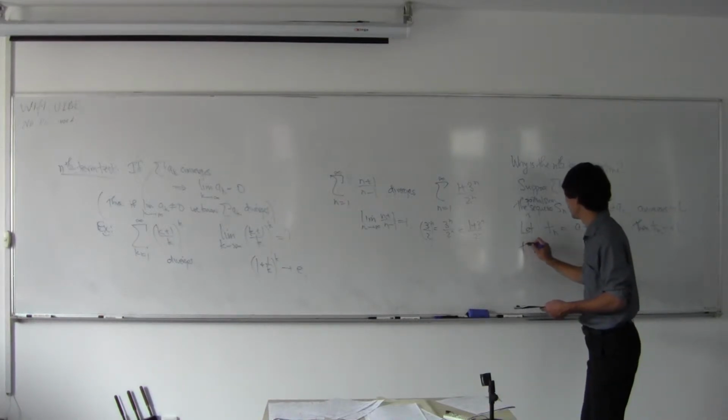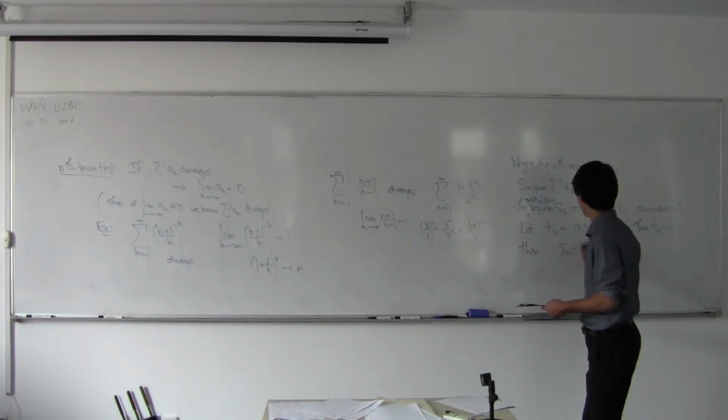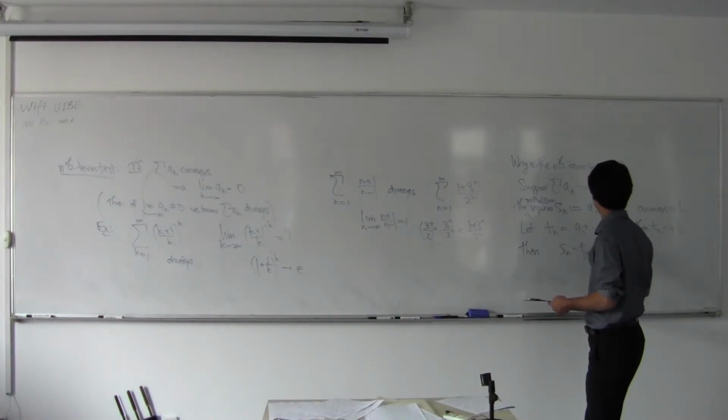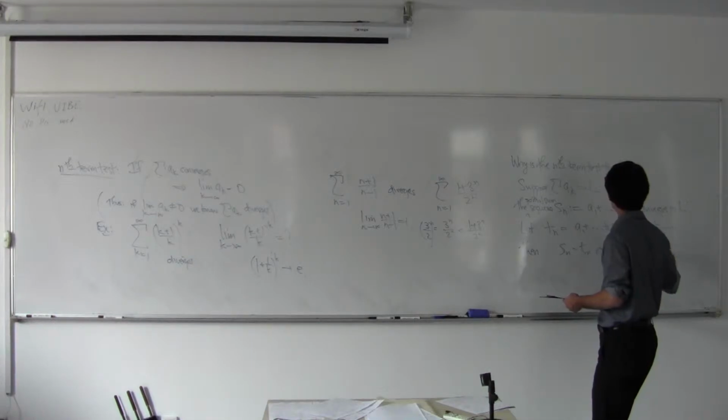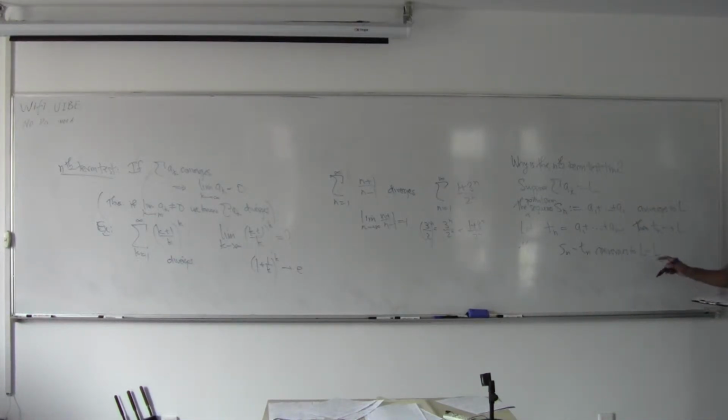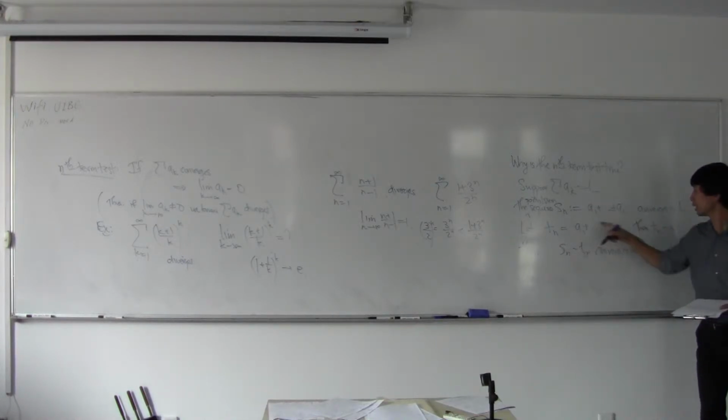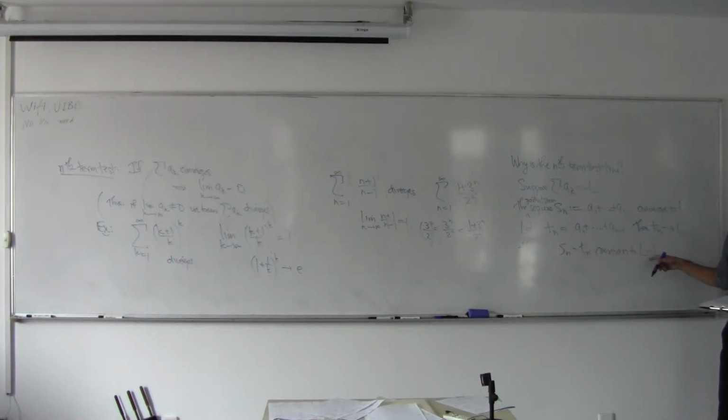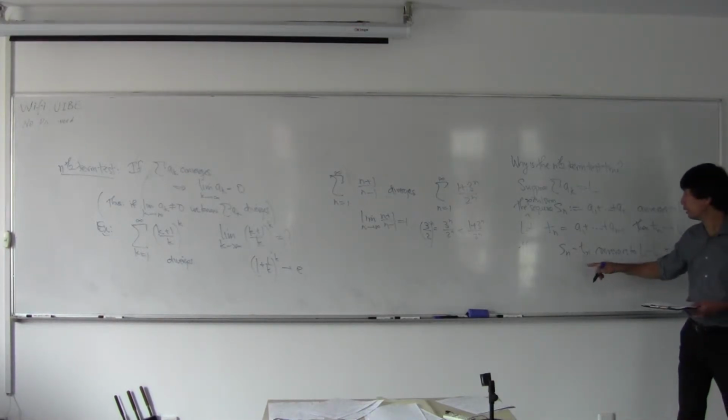Okay. But then S sub n minus T sub n converges to L minus L. If this guy converges to L and this guy converges to L, then their difference is going to converge to L minus L, which is 0. But what's this?